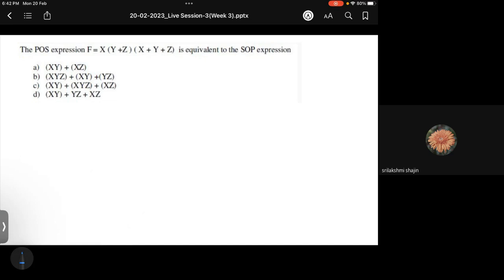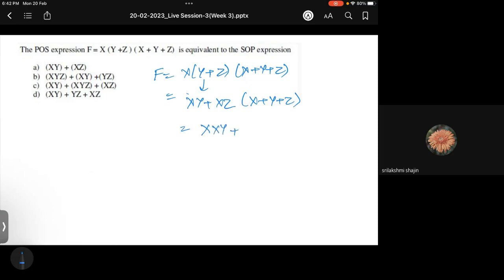I'll solve it simultaneously. Open this. I hope you know that x into x is nothing but x.